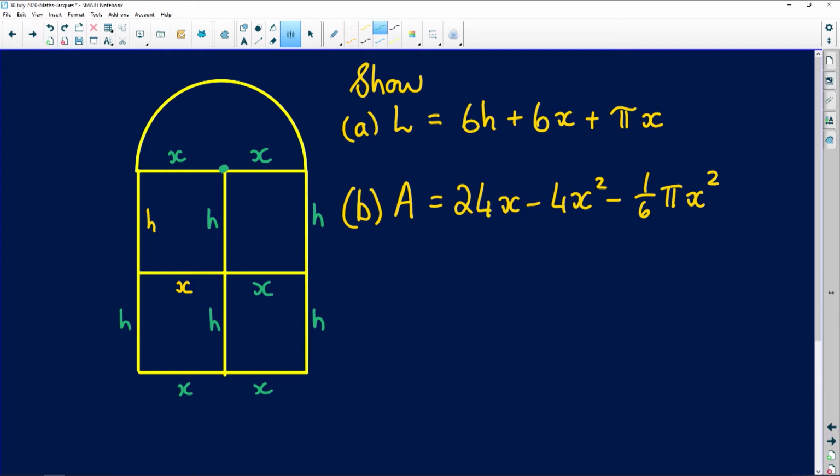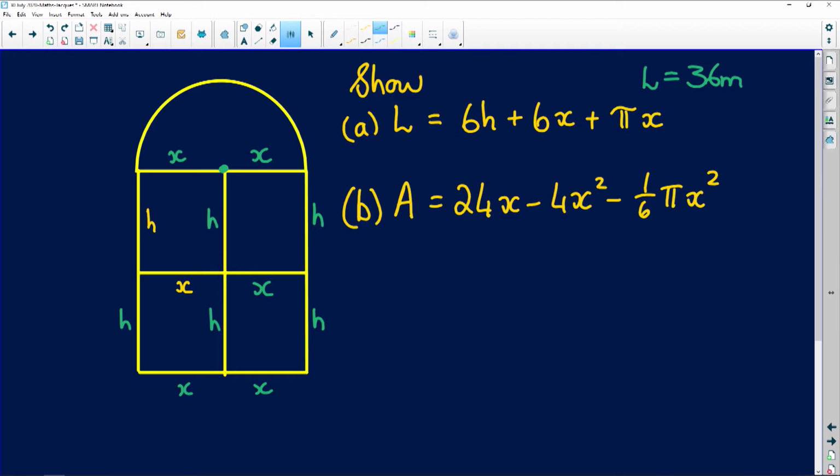But they also tell us that the length of steel has a total of 36 meters. Just imagine that. You have 36 meters of steel that you must chop up and bend to form this window frame. Let's call it a window frame. And then the length in terms of H and X is represented by that expression.